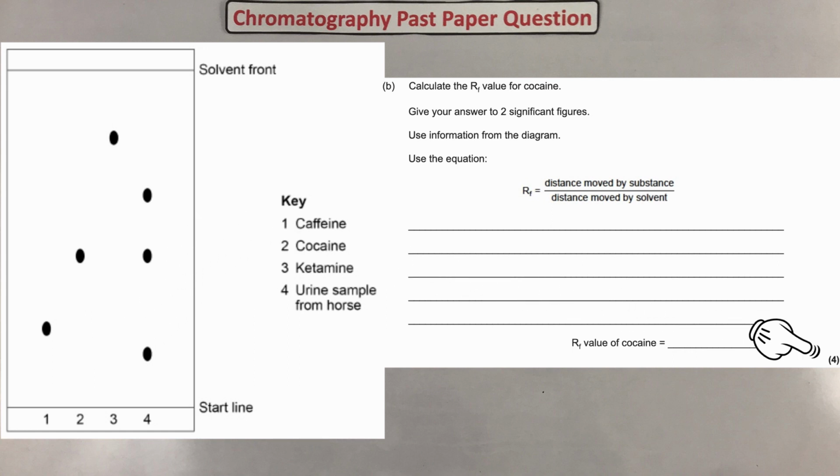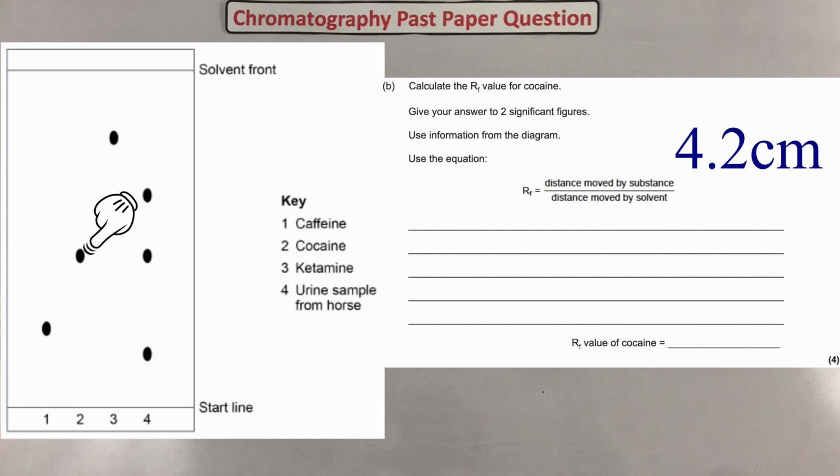You better read the question carefully. You have to show your working out and also look what it says here. Our answer must be in 2 significant figures. The first mark is for extrapolating our values from the chromatogram. The drug moved up 4.2 centimeters and the solvent was 9.4. The second mark comes from substituting our numbers correctly.